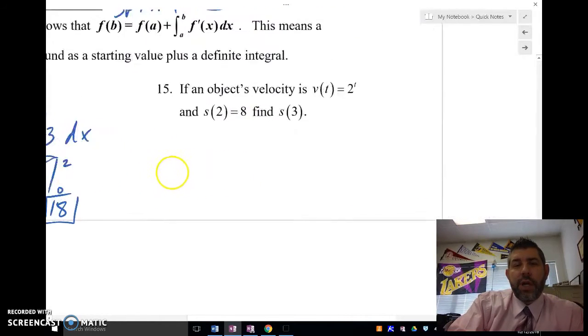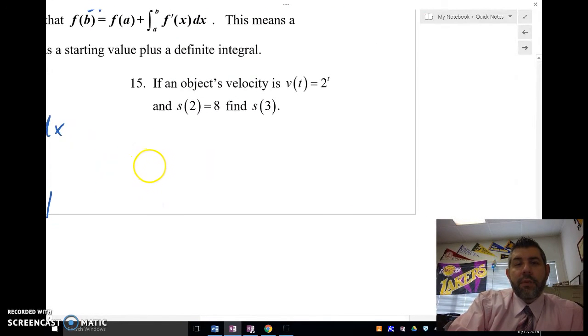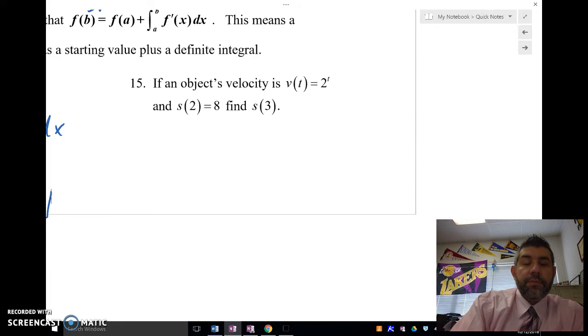Number 15 here: an object's velocity is v of t equals 2 to the t. Find s of 3 if we know that s of 2 is equal to 8. So this is a SPAM problem, start plus accumulation, because we're starting at 2 and we're going to accumulate till we get to 3.